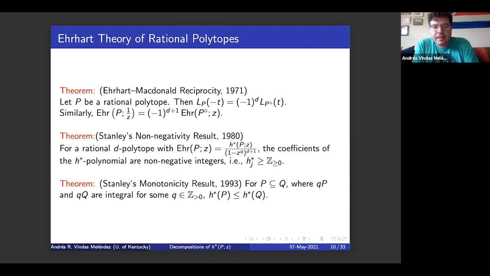What this result says is that if you have a smaller polytope P contained in a larger polytope Q, where P and Q are rational polytopes, and I can dilate them by some integral value so that both of them are now integral, then Stanley's monotonicity result says that the coefficients of the H star polynomial of Q dominate the coefficients of the H star polynomial of P. And so I'll have an example of that later on.